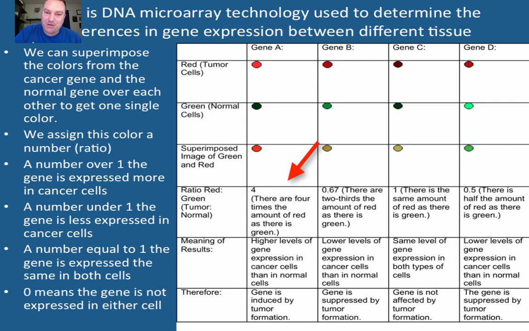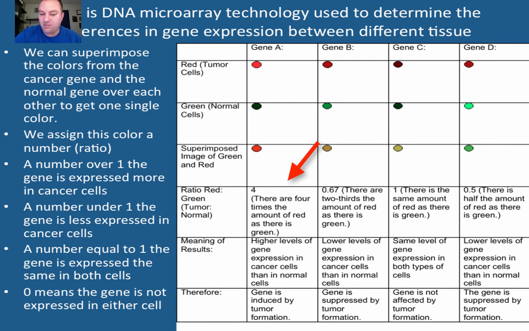When you let the computer superimpose the tumor cell with the normal cell, you got an orange color, which implies this gene's turned on in just a cancer cell only. If you look down here in the 4th row, where it says the ratio of red to green, in other words, tumor to normal, this one is a 4. Okay, 4 times the amount of red as there is green.